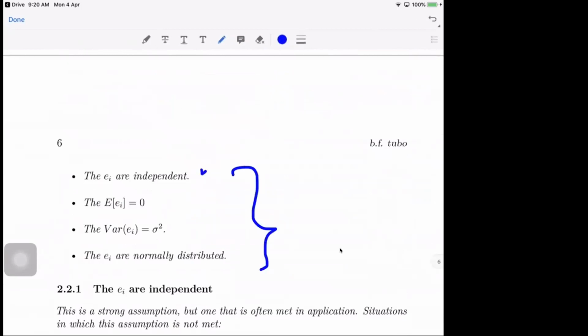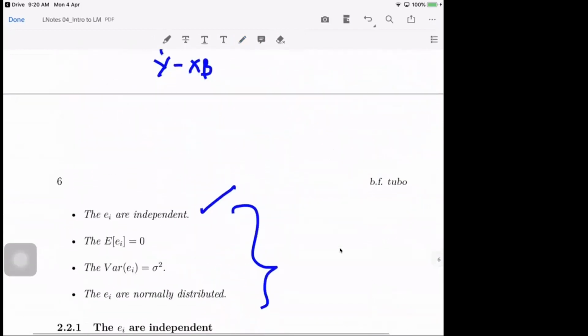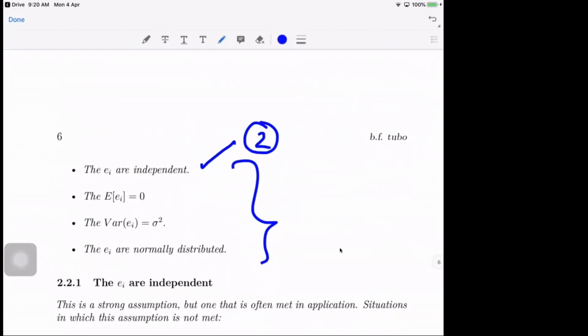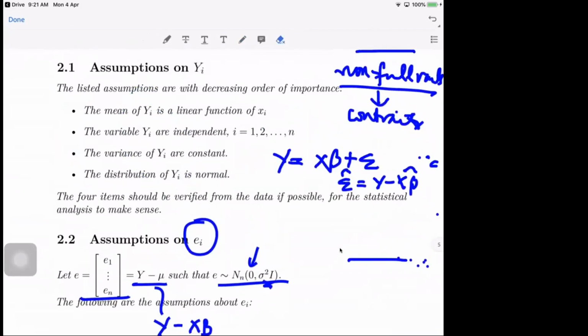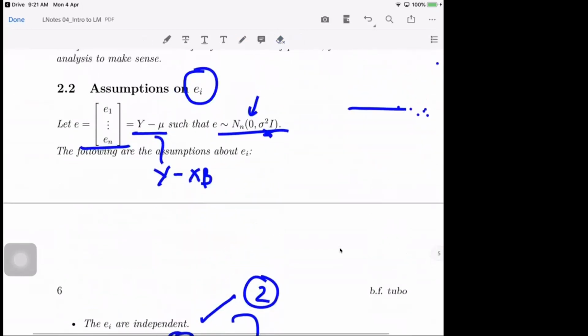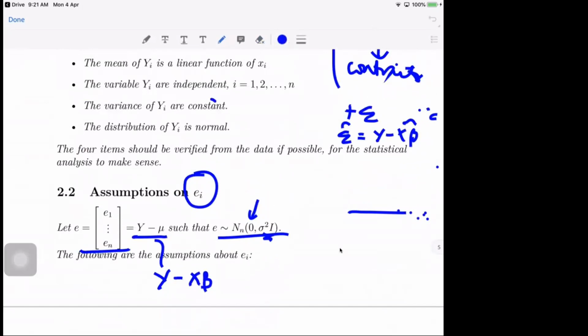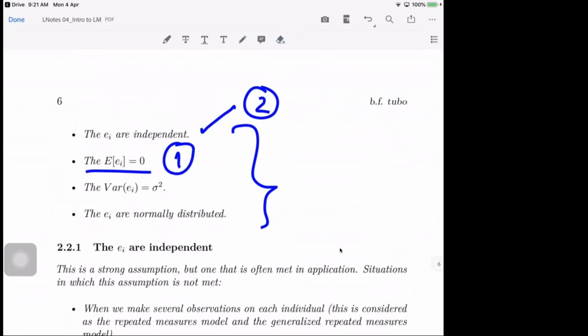So the assumption that the ei's are independent is equivalent to assumption number 2, that the y's are independent. The expected value of e being 0 is equivalent to assumption number 1, that the mean of the y's is a linear function of x. The variance of ei being constant is equivalent to saying that the variance of yi is constant, which is number 3.